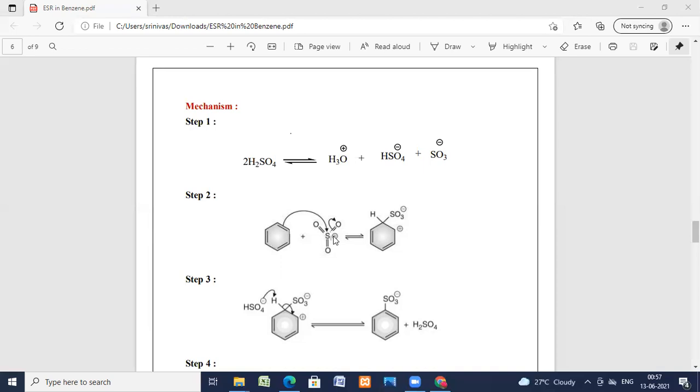Benzene and sulfur trioxide: the pi electrons are shifted to the oxygen, and sulfur gets the positive charge. The positively charged sulfur attacks the benzene carbon. The pi electrons are shifted to this carbon, so the carbon gets a negative charge and the sulfur gets the positive charge. So this S+ is attacking this carbon. Here we have the carbocation formation and SO3- formation.